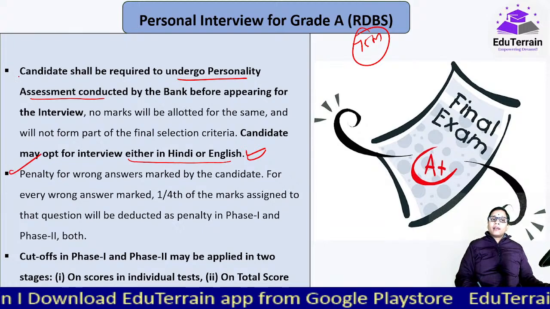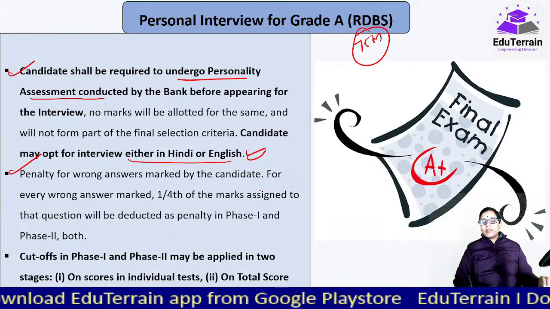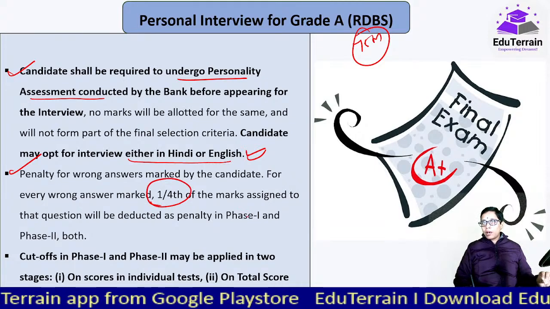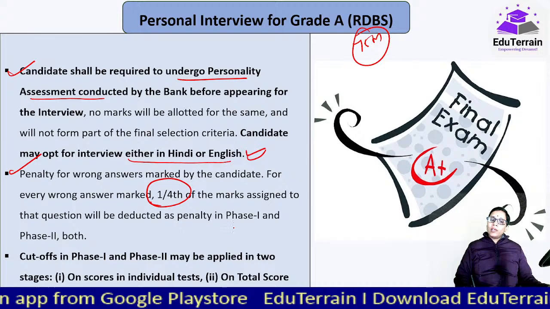Okay. And in MCQs, obviously there is negative marking: for every one wrong answer, 1/4 mark would be deducted, for both phase 1 and phase 2.